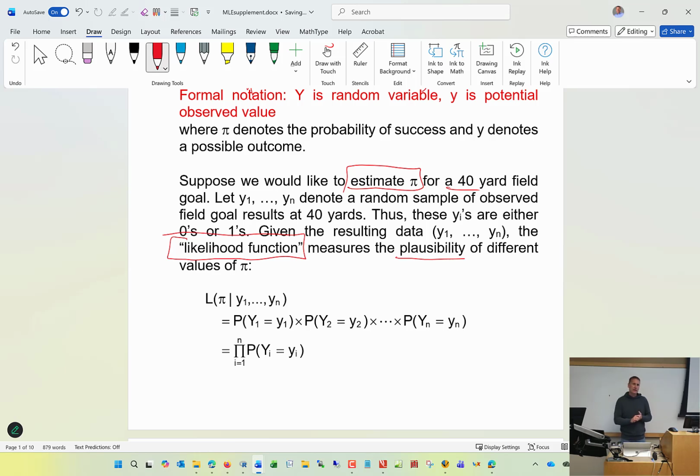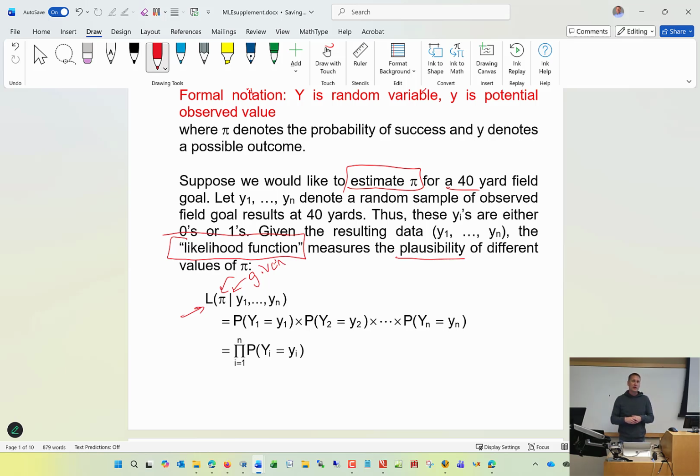And so this is how the likelihood function is written out. I use an L for likelihood. It's a mathematical function of pi. Notice we have the vertical line there, and you've seen that before in other classes. That means the word given. Just for emphasis, I'll write it. Think of conditional probabilities.